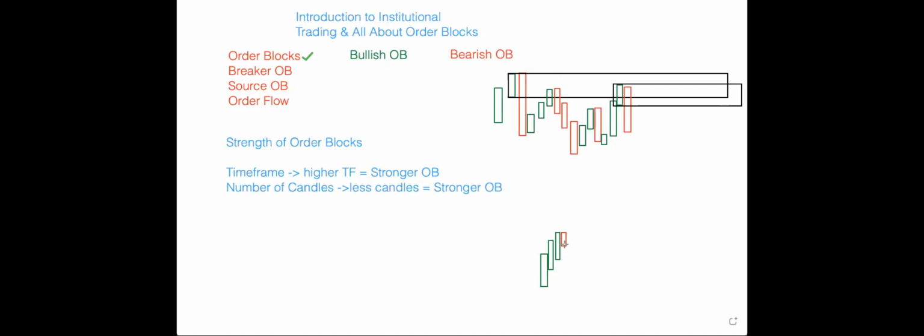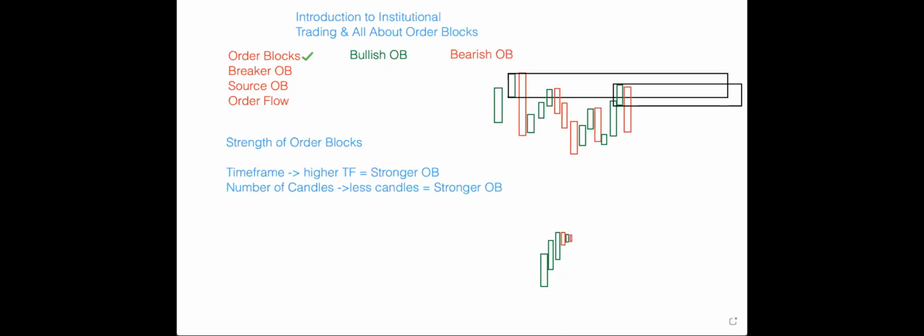Then we have something down. Then we have something up. Then we have another bearish.